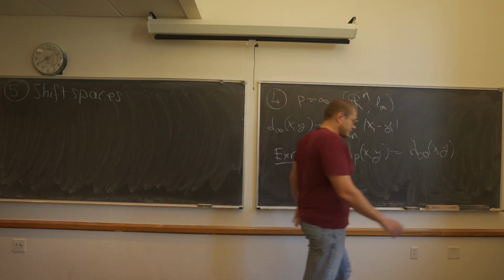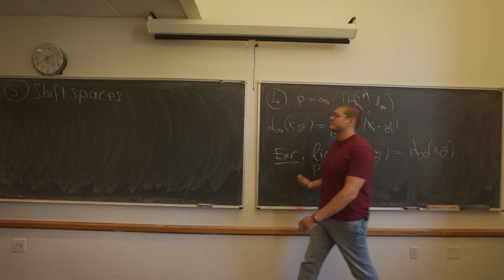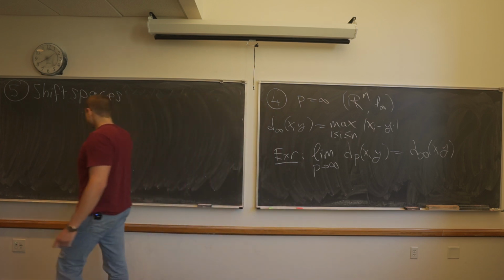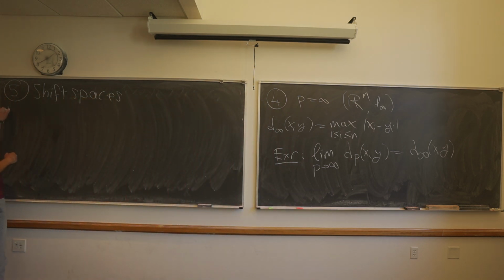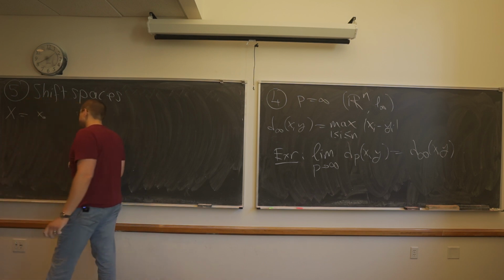This is something that we're going to use, especially in the context of what people call symbolic dynamics. And so now the set X is the set of words or infinite sequences. Let's say it like that. So let me write it like this. X bullet, I'm going to write.